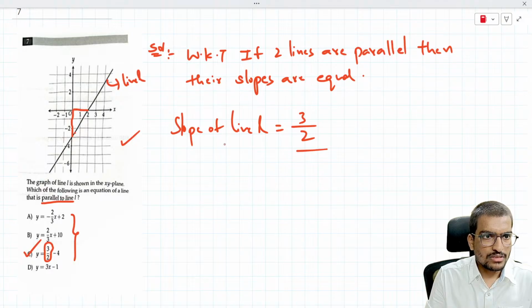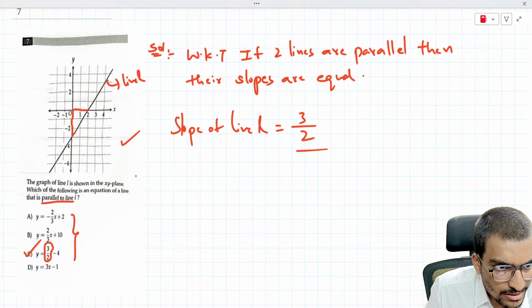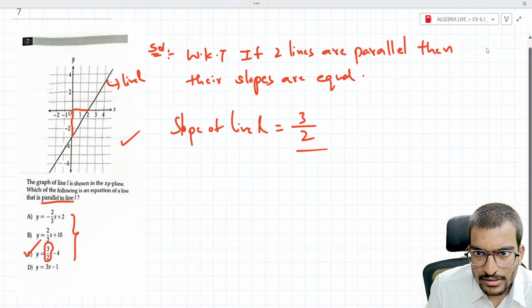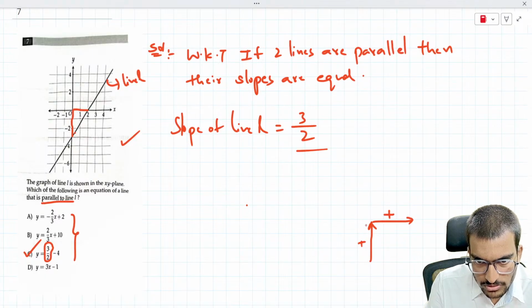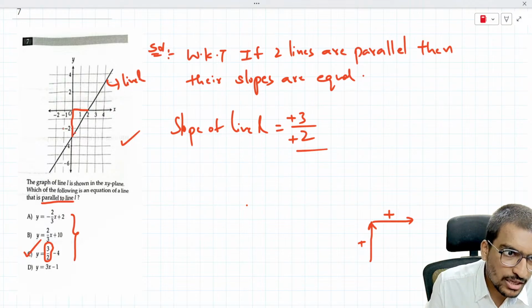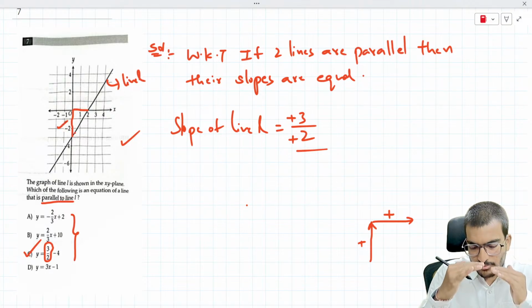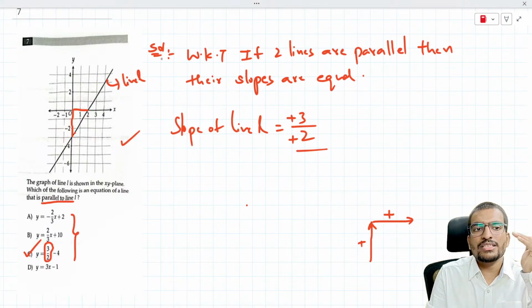You're saying negative sign? Why do we get a negative sign? Because, you learned that rise means upward positive and run to the right side positive. Both are positive. Rise positive, run positive. You don't care about below the x-axis or above the x-axis. You have to care about what the rise is.